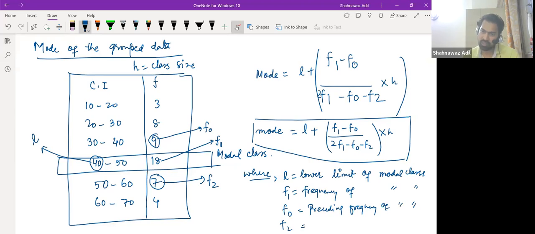F2 is the succeeding frequency of the modal class.